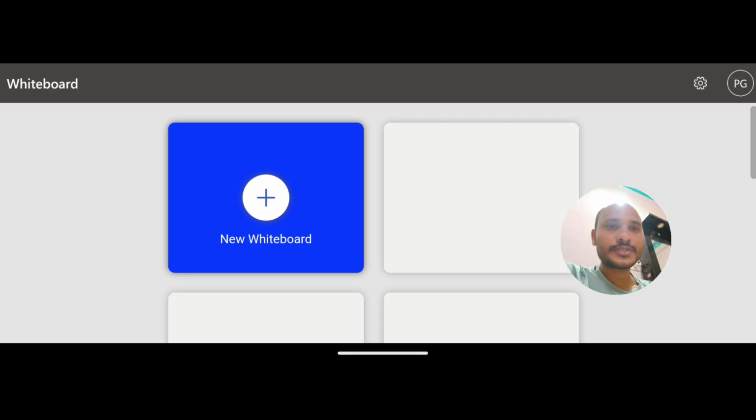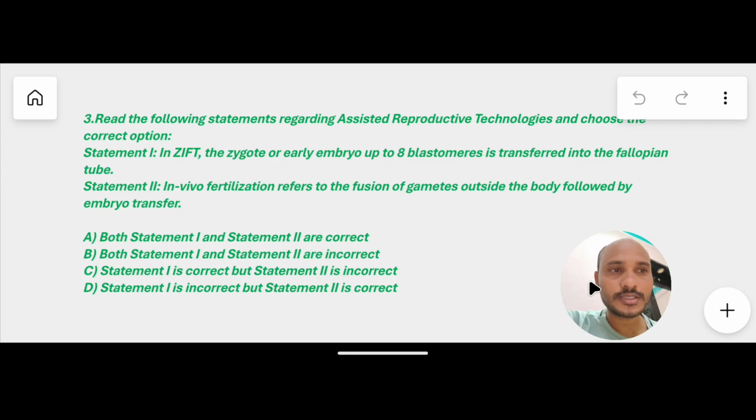So one more MCQ from this topic. Here we go with the third, and it is a statement type MCQ. Read the following statements regarding assisted reproductive technology, ART, and choose the correct option, in which we have statement 1 and statement 2. Statement 1 is asking about GIFT: zygote or early embryo up to 8 blastomeres is transferred into the fallopian tube.